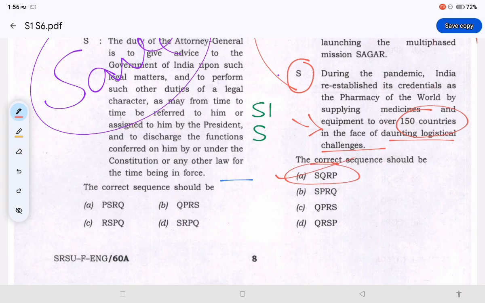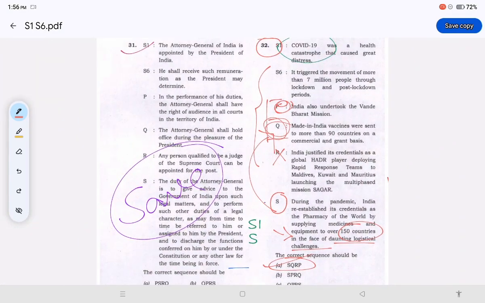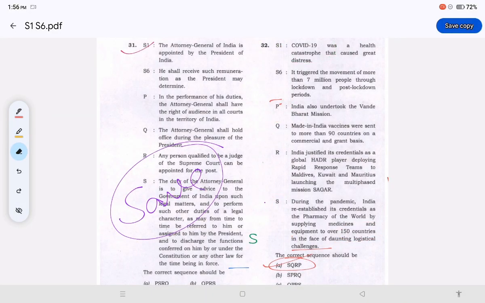But if you have a lot of time and you don't want to make a mistake, then you have to read all of those. And right now I am explaining it to you, so I am reading all of the things. If you are writing an exam, then you may have chosen the answer by now. Okay, we have got S1, we have got S, we have got Q. Fine.